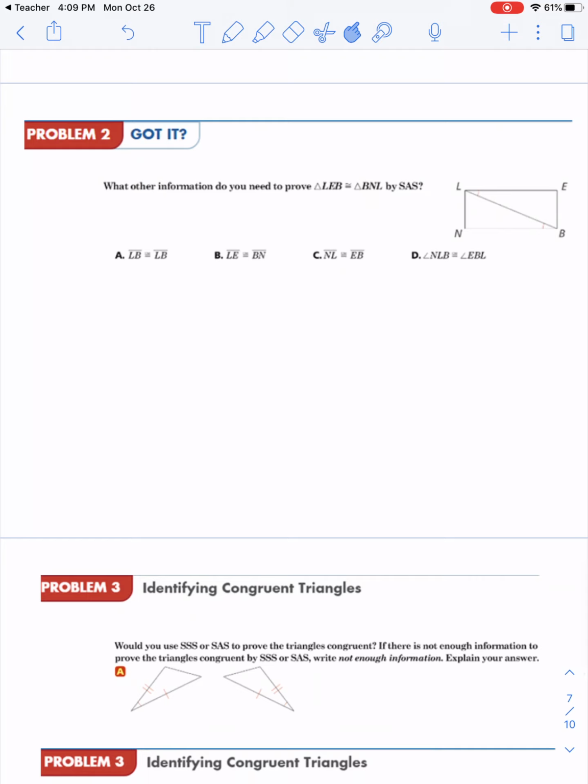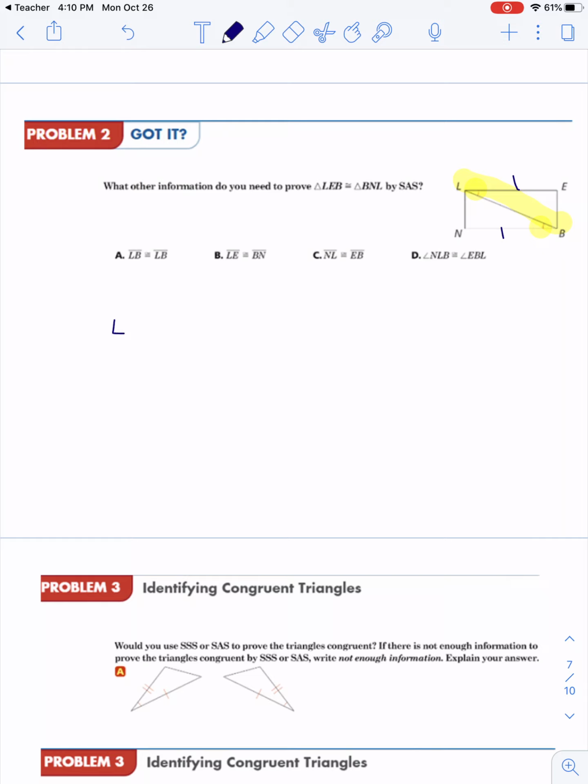On this one, what information? Go ahead and hit pause in a second, but what information do you think you'd need to prove that these 2 are congruent? Triangle LEB and triangle BNL. All right, so as I'm moving on, that angle is given, and again, this side is given. So I would need then that this side and this side would be given.